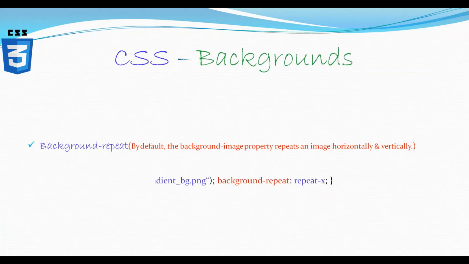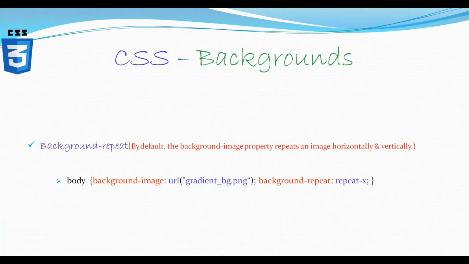You can see inside the bracket, by default, the background image property repeats an image horizontally and vertically. So when we apply the background repeat, you can either specify it to repeat horizontally or vertically, or don't repeat at all. And this is how we do our coding.